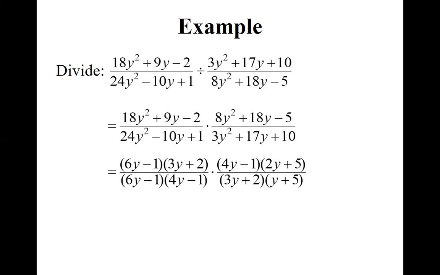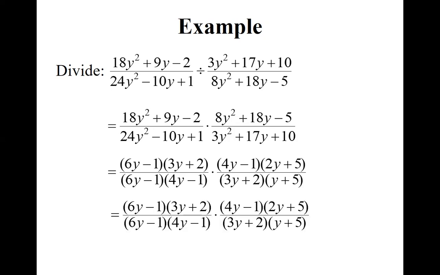In factored form, these are the 4 polynomials. Multiplying these just combines the numerator and the denominator because we multiply across the top and multiply across the bottom. And we start canceling common factors.